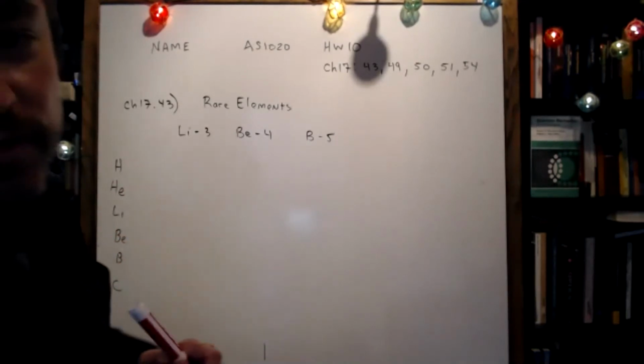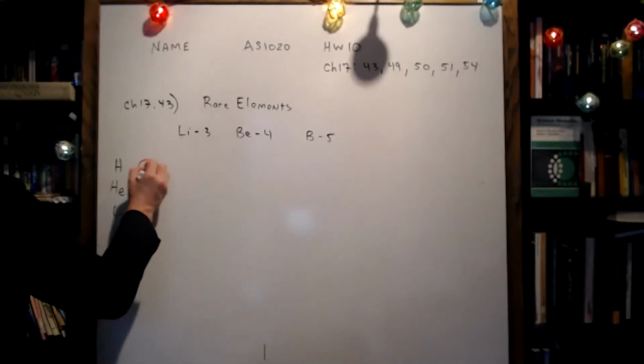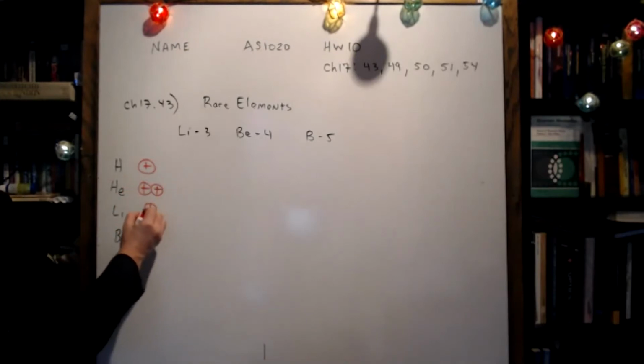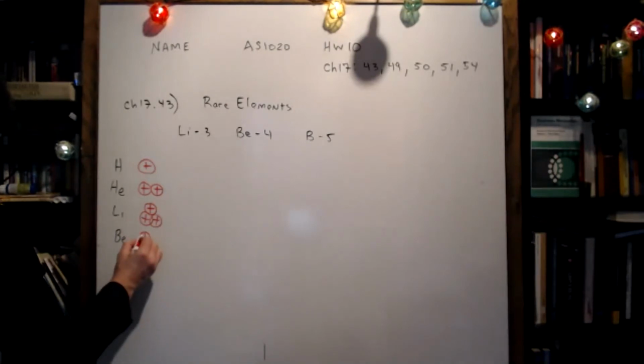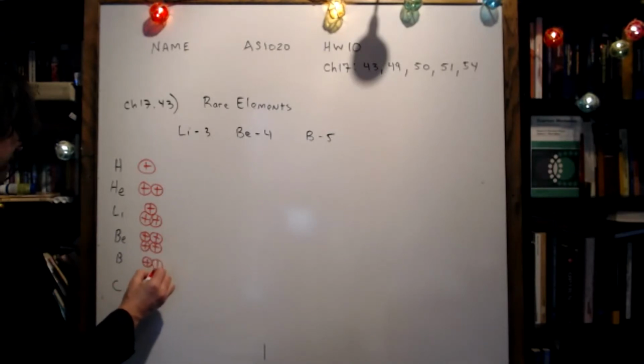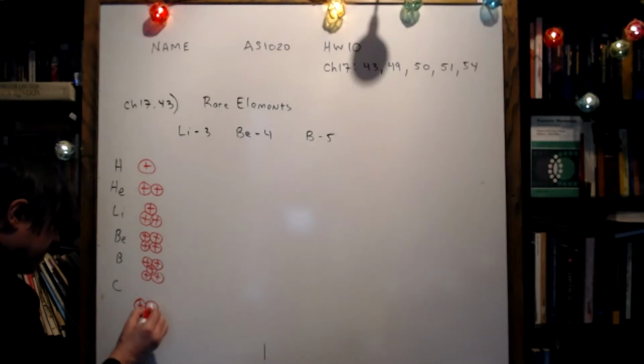Now, I'm not going to draw the neutrons because I don't have enough room on my blackboard. So I'm going to do 1 proton for hydrogen, 2 protons for helium, 3 protons for lithium, 4 protons for beryllium, 5 protons for boron, and then for carbon, 6 protons.